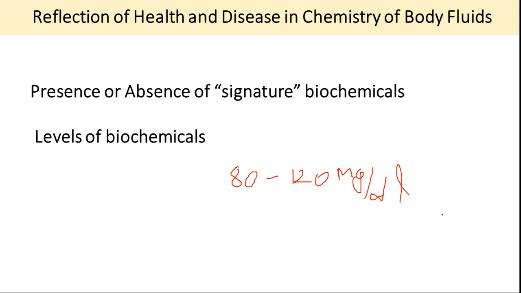By doing PCR, polymerase chain reaction, they will find out whether that RNA is there or not. Thereby they will decide whether the virus is there or not at a detectable level. So here it is the first thing, presence or absence of a particular RNA. In this way, a biochemical reaction is going to help us in diagnosis of a disease.